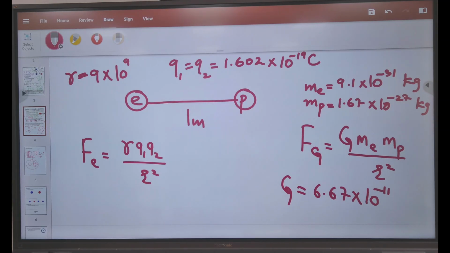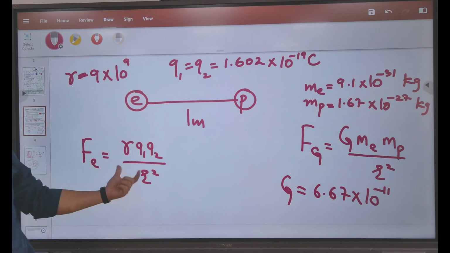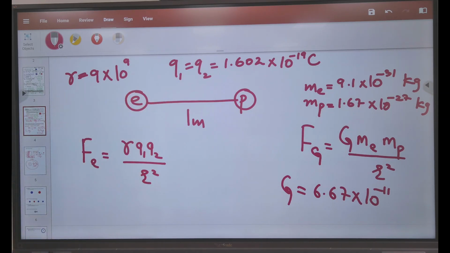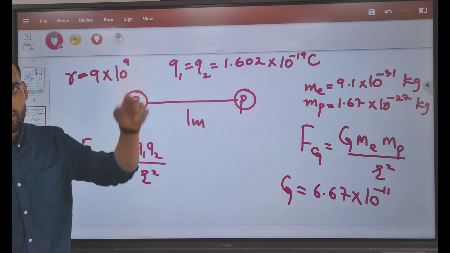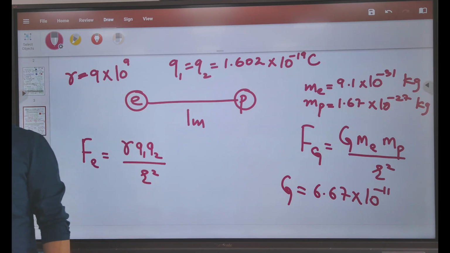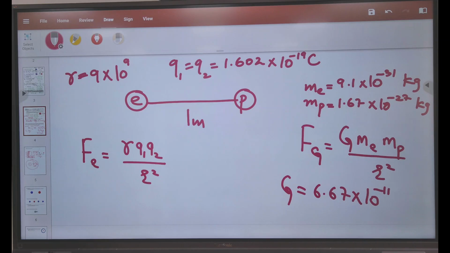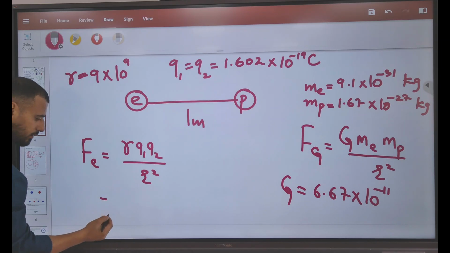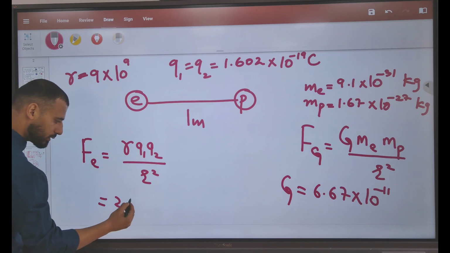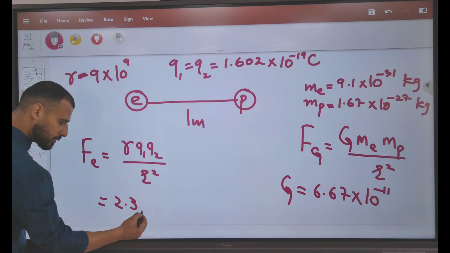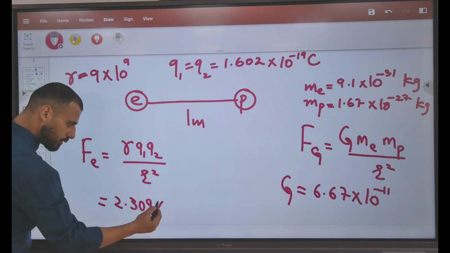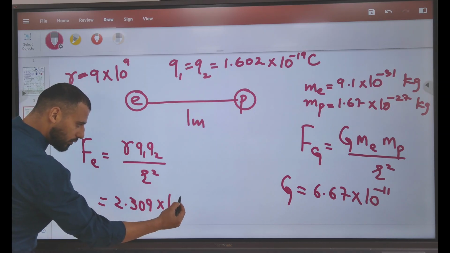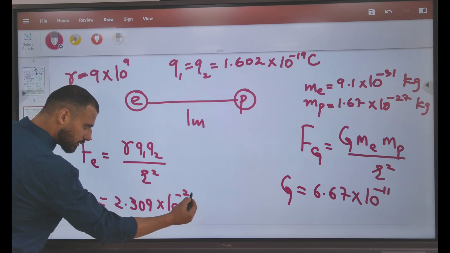This one is Q1 and Q2. Multiply, and square whatever is there. For electrostatic force, it is 2.3 times 10 to the power negative 28.